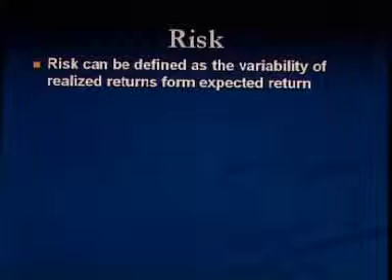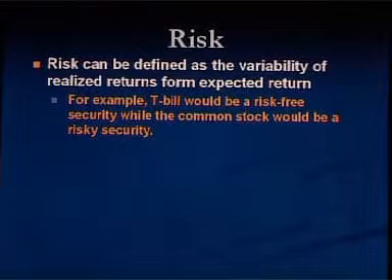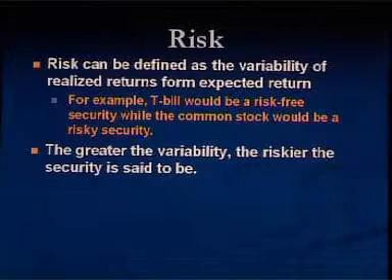So, you find that there is some sort of variability between the expected return and actual return. This variability is the risk. Risk can be defined as the variability of realized return from expected return. For example, a T-bill would be a risk-free security, while common stock would be a risky security. The greater the variability, the riskier the security is said to be.